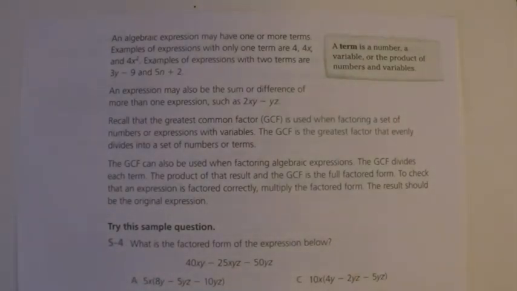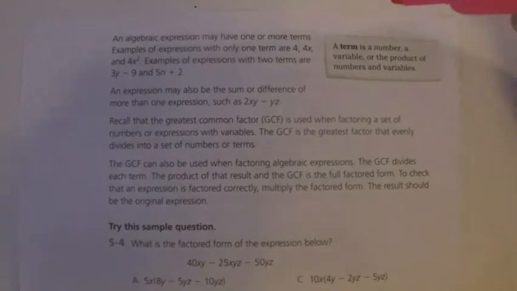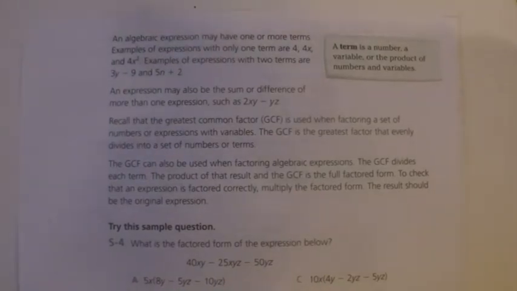All right, so now we're going to take a little deeper look at algebraic expressions and at factoring out a greatest common factor. At the top here it says an algebraic expression may have one or more terms. Examples of expressions with only one term are 4, 4x, and 4x squared.